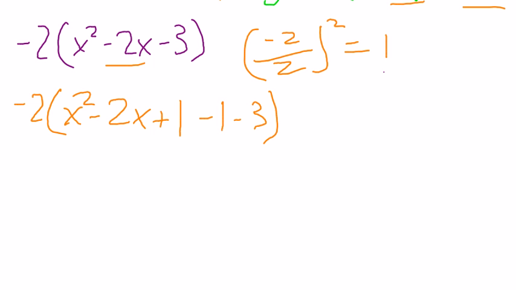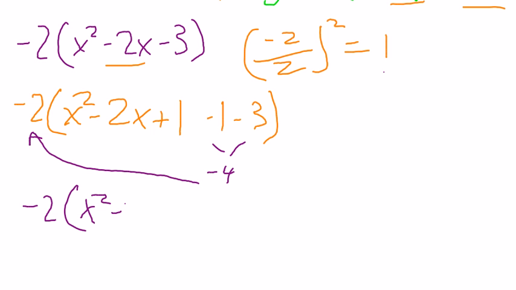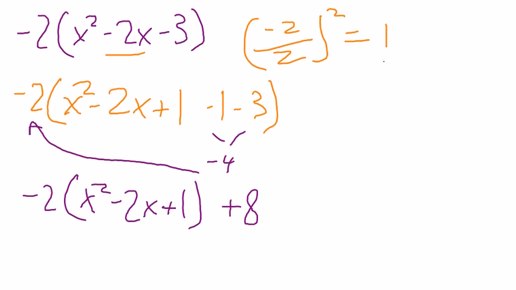And let's go ahead and pull all this extra stuff out because I kind of want to get it by itself like that. So to do that, I got to pull this minus 1 minus 3 out, which yes is minus 4. But be careful, that minus 4 is actually being multiplied by that negative 2. So it's not really a negative 4, it's a negative 4 times negative 2, which is a positive 8. So if we pull that out, we're left with x squared minus 2x plus 1 plus 8. Cool. Now we can go ahead and factor that quadratic.